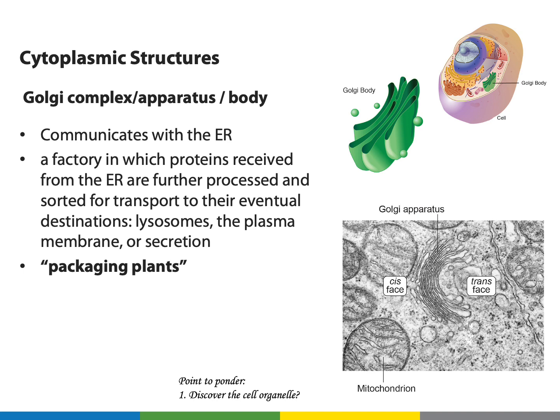The Golgi apparatus, or Golgi bodies, is a factory that receives proteins from the ER and then further processes them. Once received, they are sorted out for transport, and eventually those proteins will be sent to lysosomes, to plasma membranes, and for secretion.